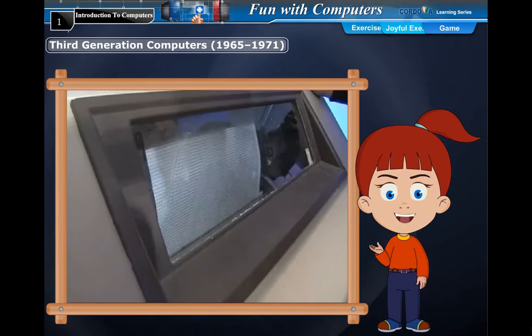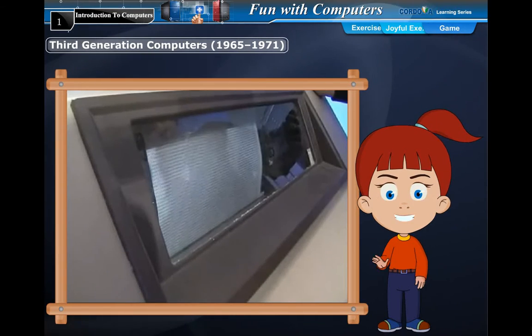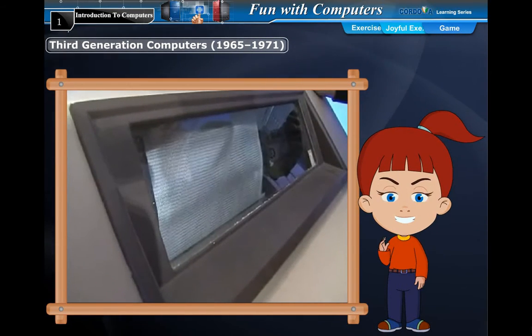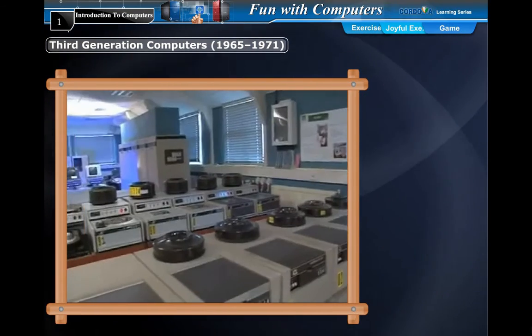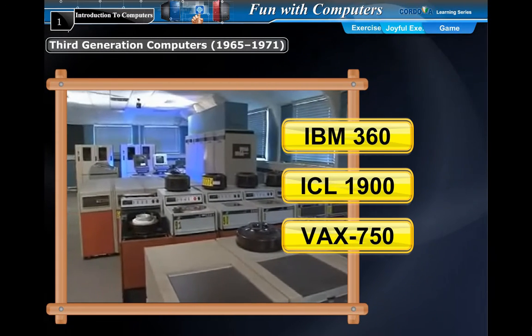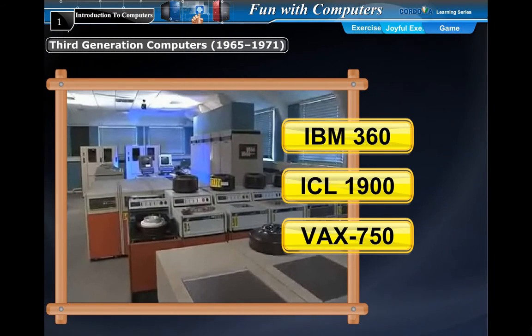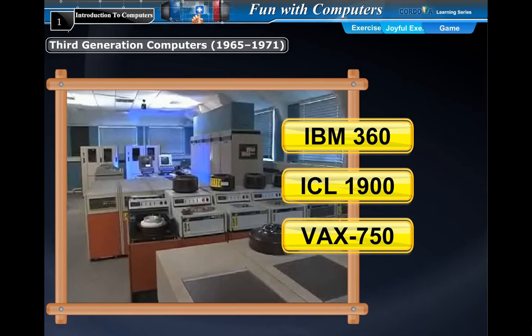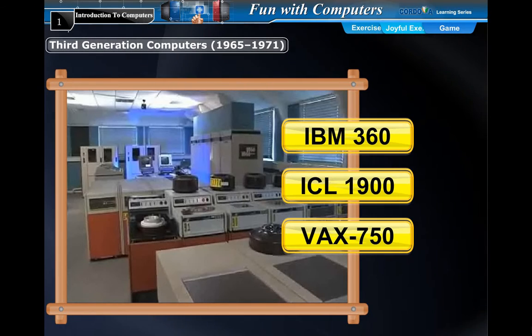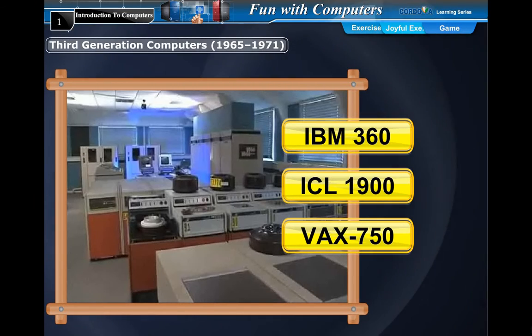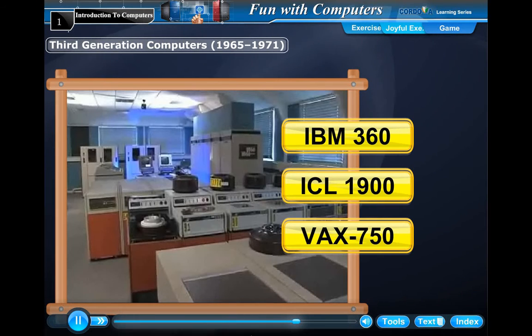They were faster than first-generation computers and also less expensive. Examples: IBM 360, ICL 1900, VAX 750.